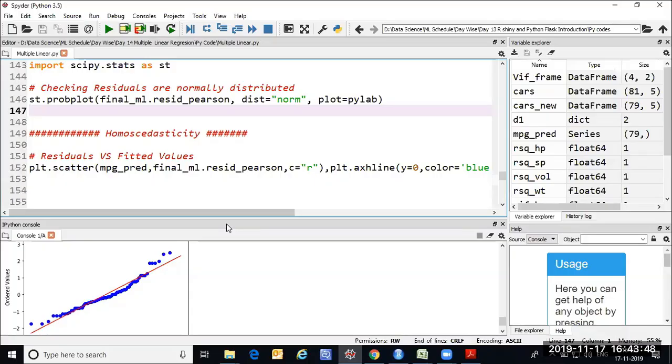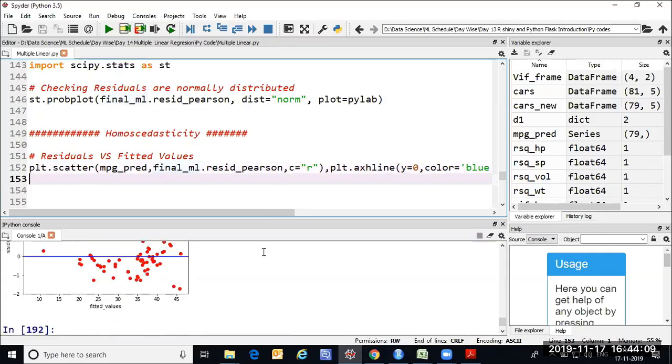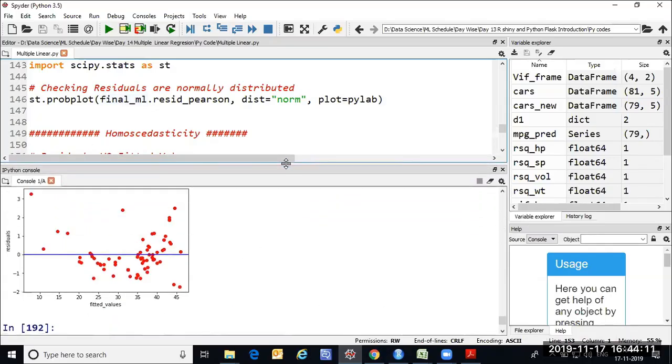Then to check the homoscedasticity, the variance. How do we check the variance of errors? Just plot a scatter plot of the predicted values and the residuals. Are they homoscedastic?